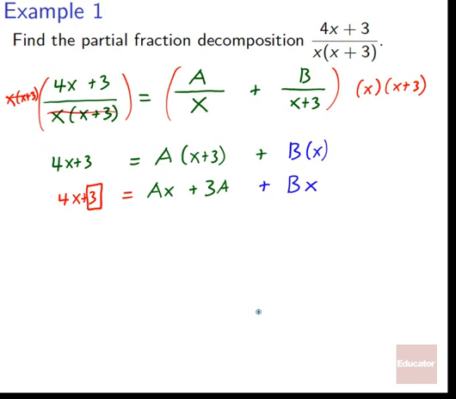We've got to have all of our x's match up, all of our constants match up. The only thing that's actually a constant on the right side is this 3a, because we've got ax and bx, but we don't have any b just as b. We don't have any constants of b. So it must be that 3 and 3a are equal because they're all of the constants that show up on either side of our equation. The same thing has to be on the left and the right, otherwise it's not an equation.